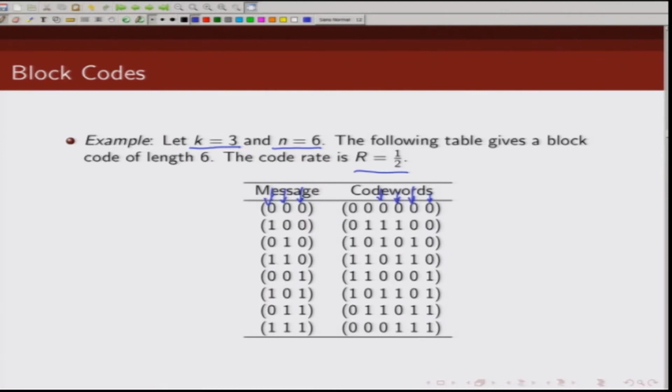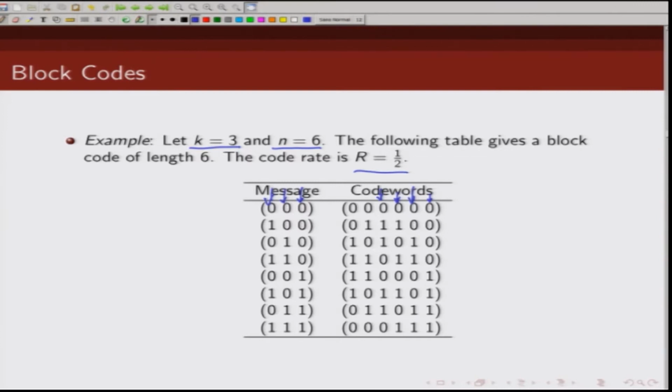Now let us look at this one. So if we do XOR of these two, look at this, 0 plus 0 is 0, 1 plus 0 is 1, 0 plus 1 is 1, 1 plus 1 is 0. We are talking about binary addition over binary field.